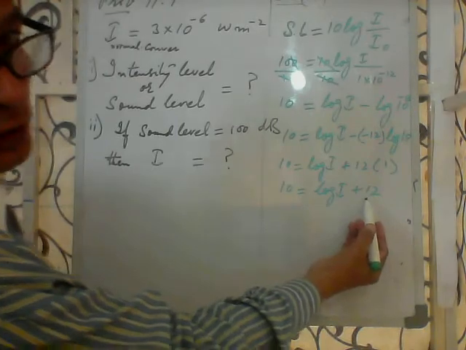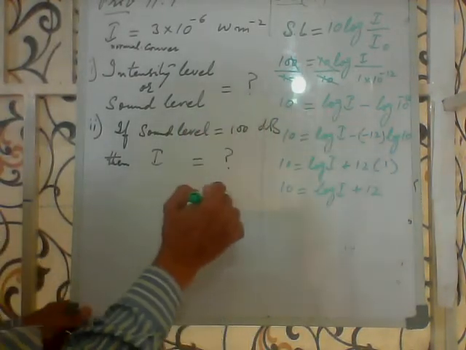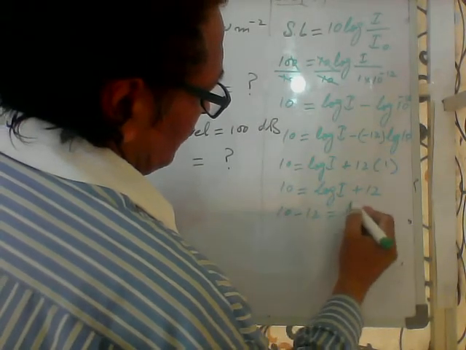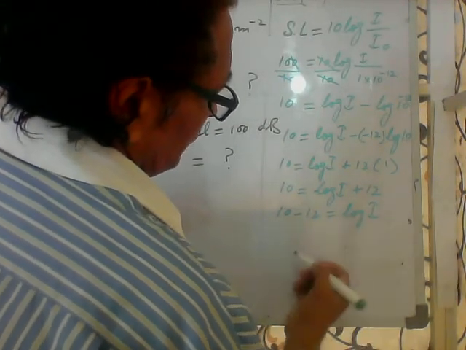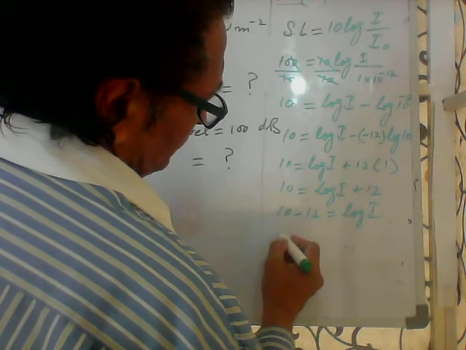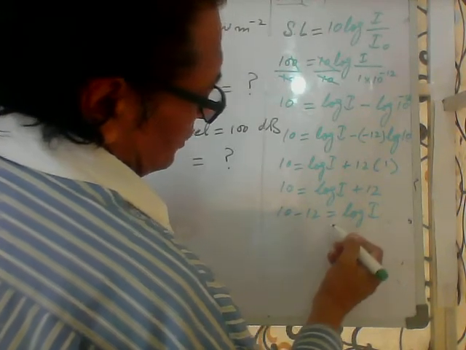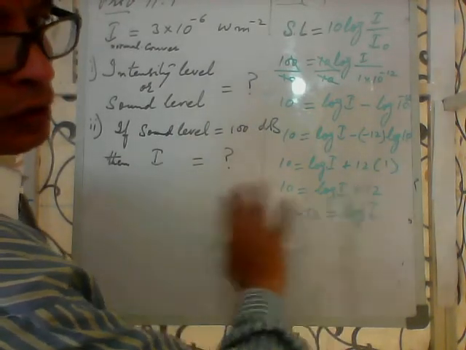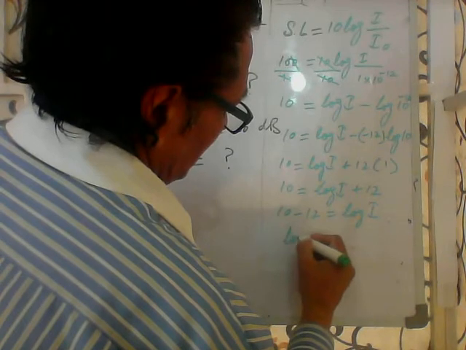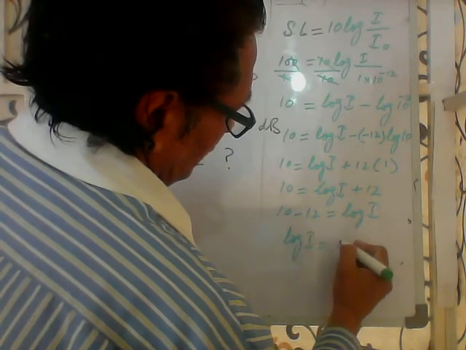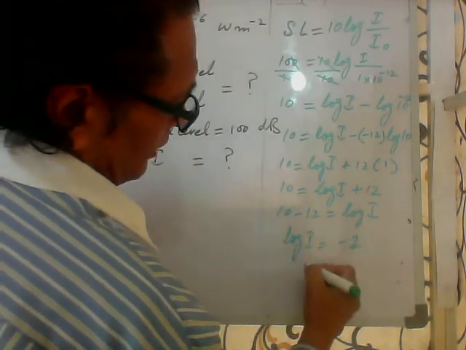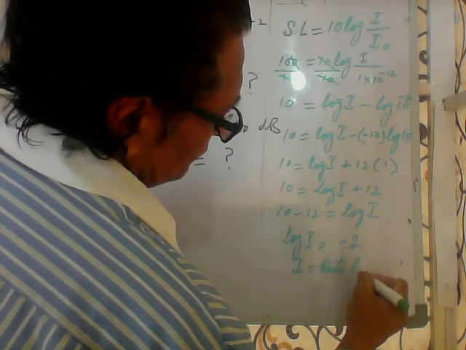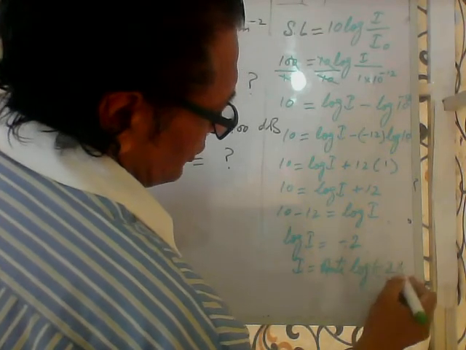This positive 12 will shift on left hand side, and we will get 10 minus 12 is equal to log of I. So we can write, if you exchange left hand side with right hand side, no change of sign. So you can write log of I is equal to minus 2, and I is equal to anti-log of minus 2.